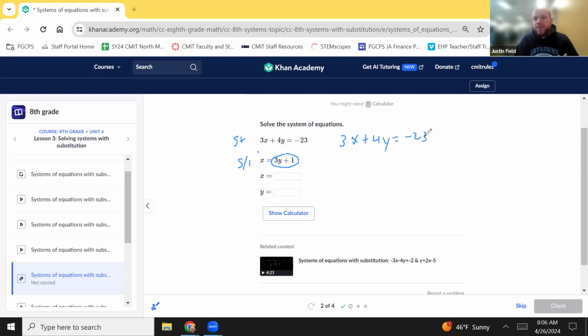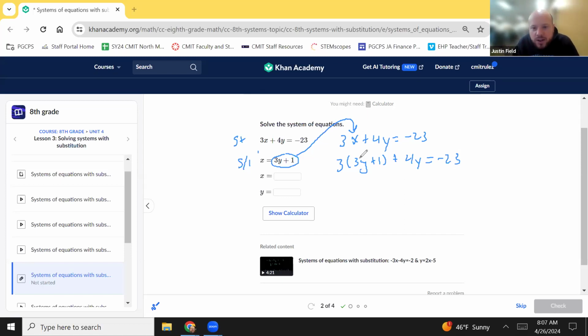I see that as x equals, so I'm going to put it right here. Instead of x, I'm going to write 3y plus 1. So 3 times 3y plus 1. Notice I did not write the x when I substituted 3y plus 1. There's no x there anymore. A lot of people still write the x. We are not writing the x.